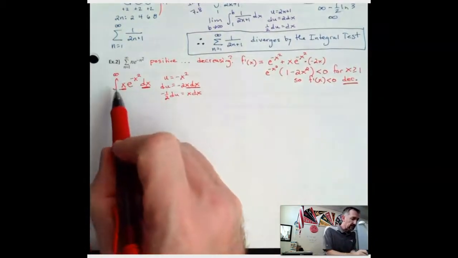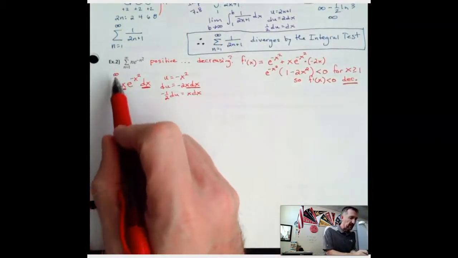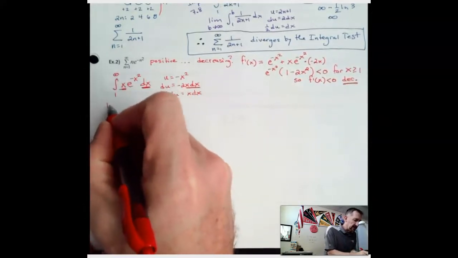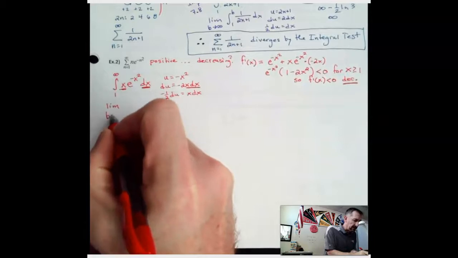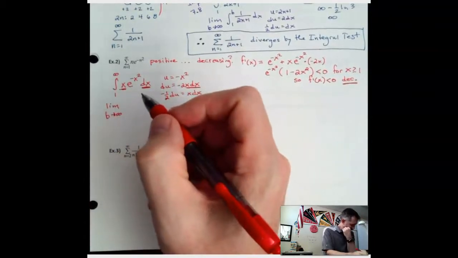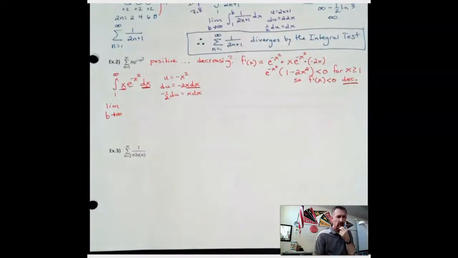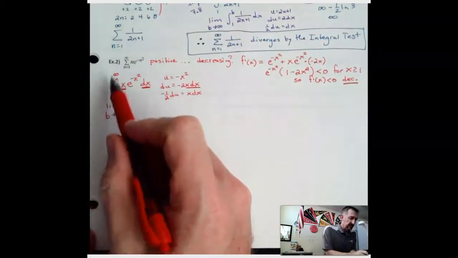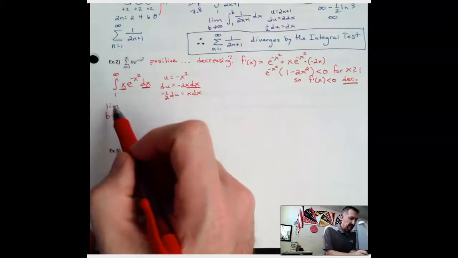So we also have this improper integral again. So we need to take the limit as b approaches infinity. I don't want to switch it to u's, and I don't want to have to think of the limits of integration there.